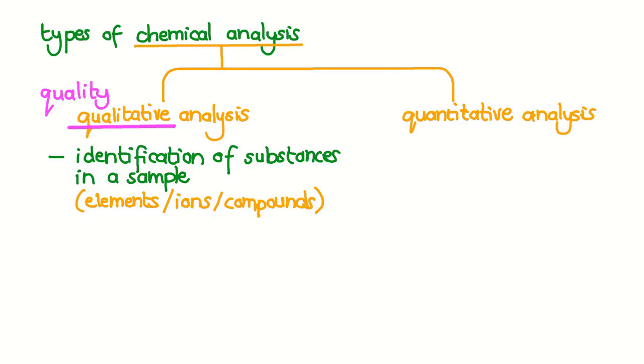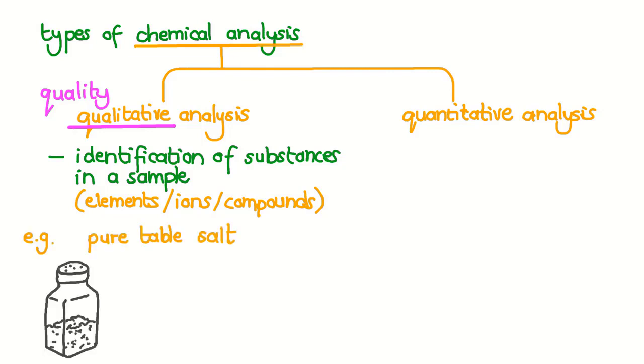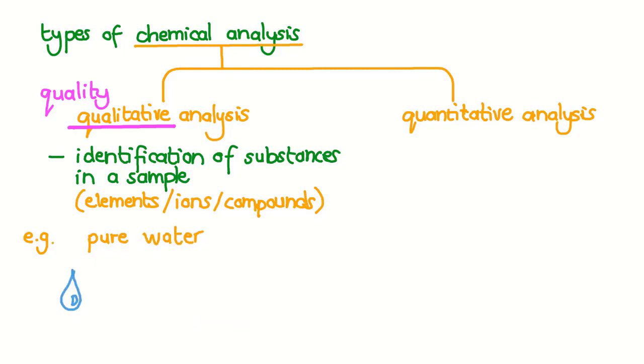Many samples are mixtures of different components, but some samples are pure. Pure table salt, for example, contains Na+ sodium and Cl- chloride ions. If we were to qualitatively analyze pure water, we'd find only H2O molecules.